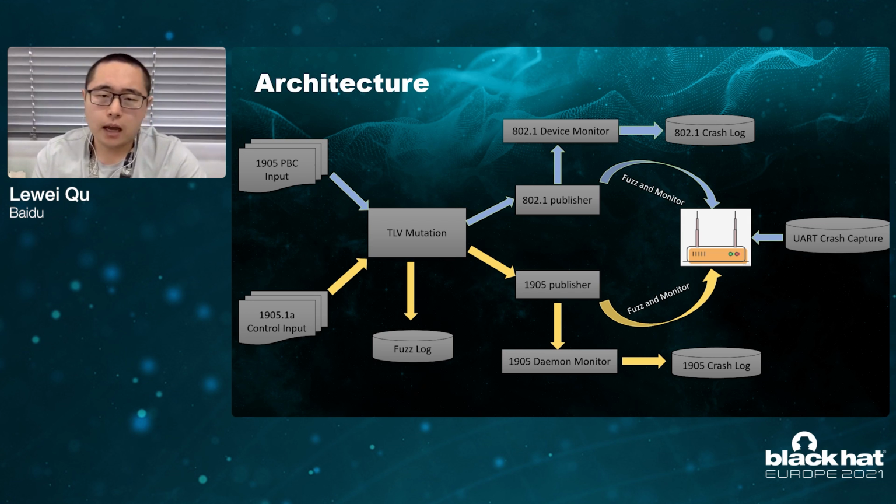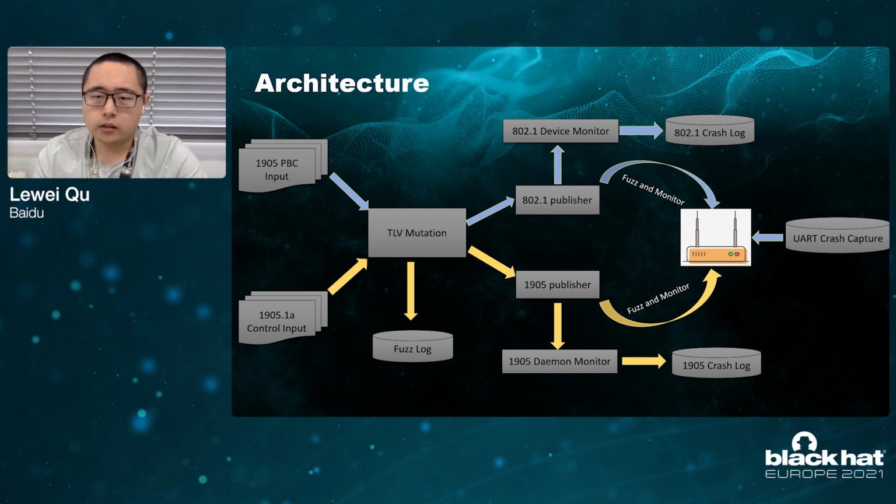There are 2 subsystems in our MeshFuzzer, 1905 PBC fuzzing and IEEE 1905.1a fuzzing. The top half is our design of the 1905 PBC fuzzing subsystem. We choose the WPS data between devices in the real world as our original data.